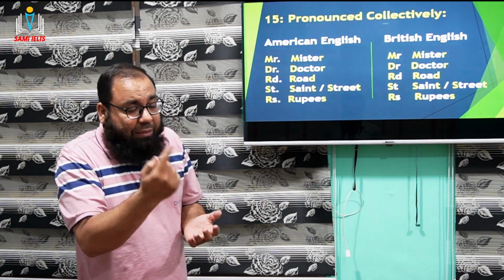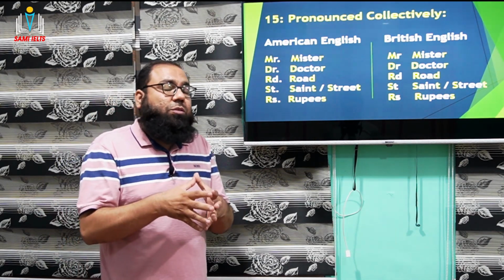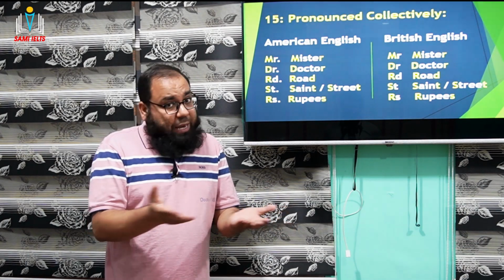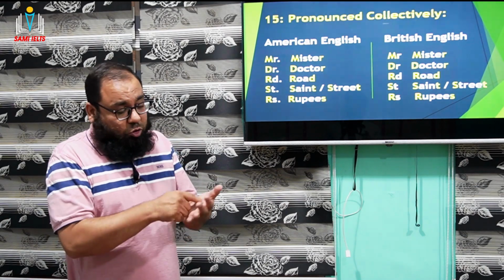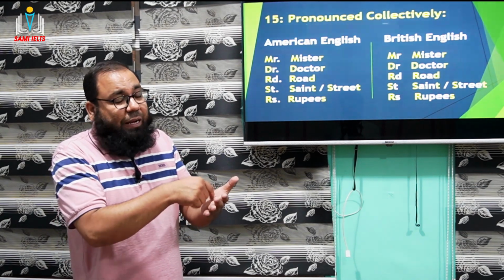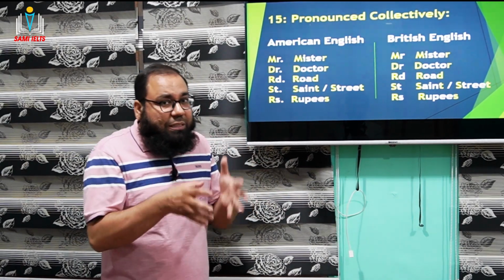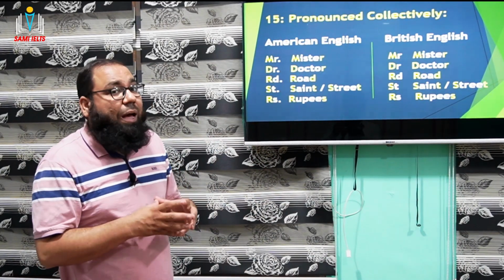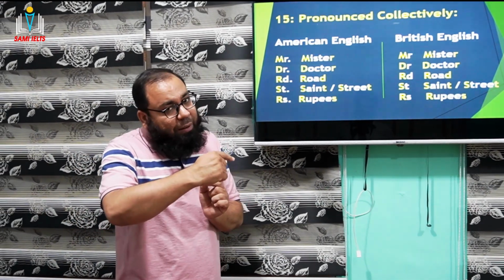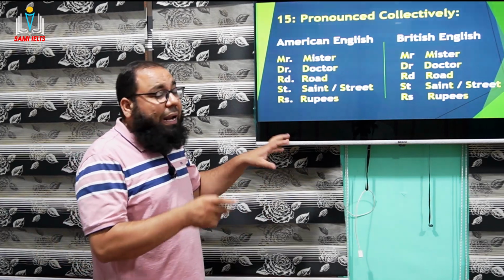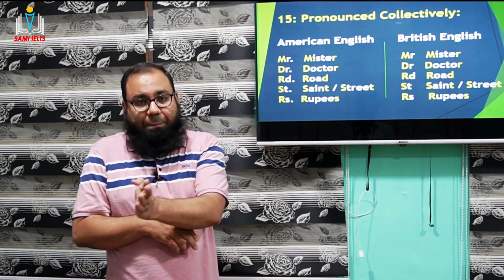The beginning letter of collective abbreviations is always capital. Ltd. for limited, L capital and td small. So these kinds of abbreviations are called collective abbreviations, and only the first letter must be capital, the remaining all small, while in individual abbreviations, every letter must be capitalized, guys.